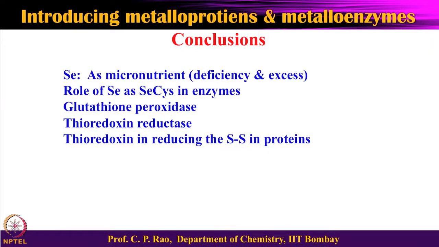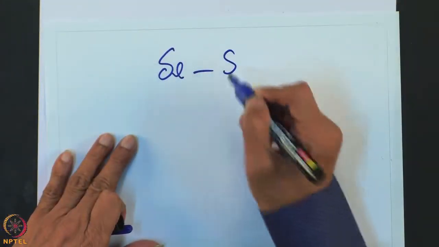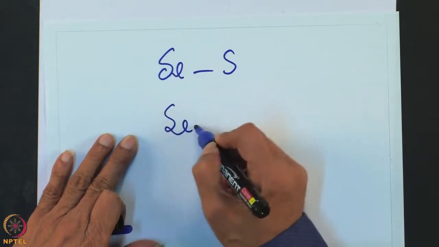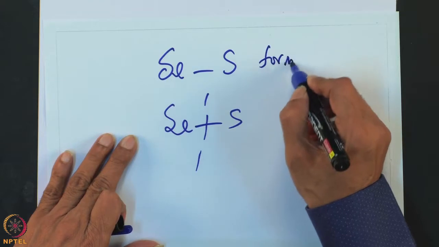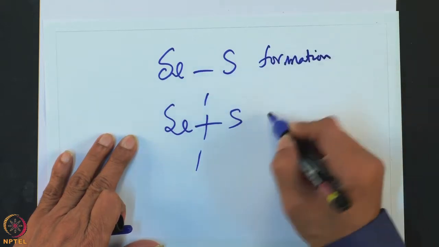So, it is basically the selenium which is really working in the selenocysteine enzymes just by forming a disulfide kind of bond, making a bond of SeS or breaking this bond. So, formation and breakage.